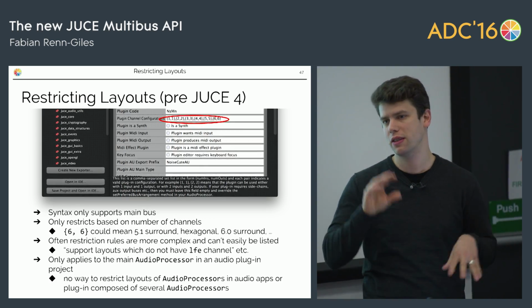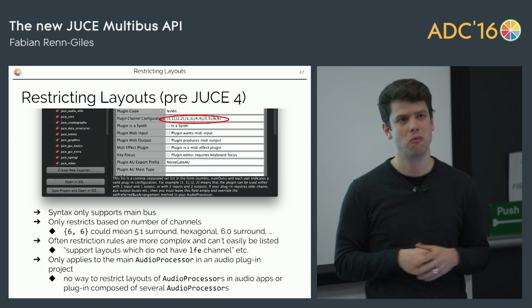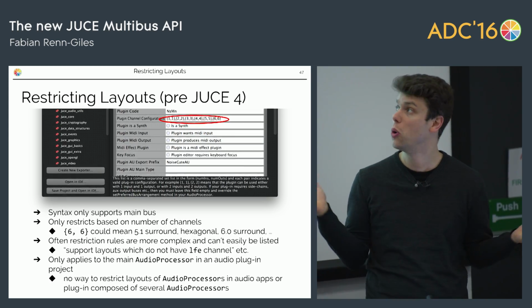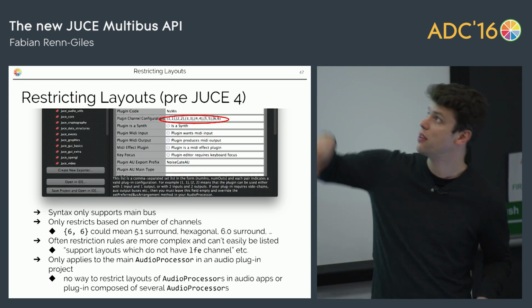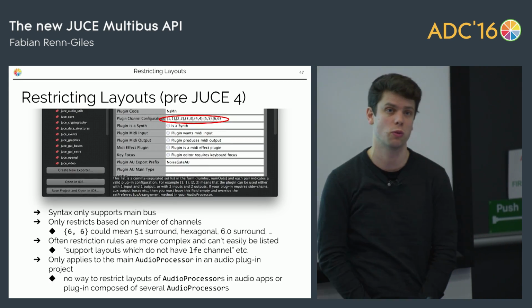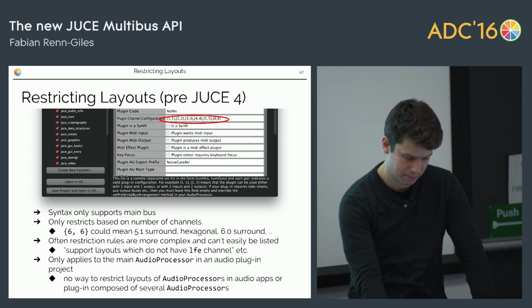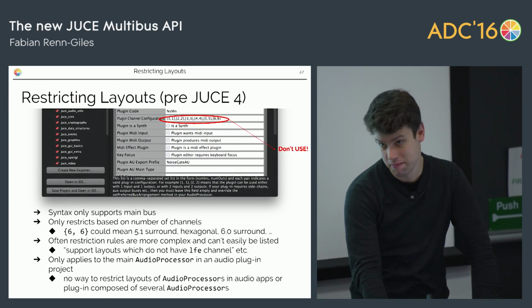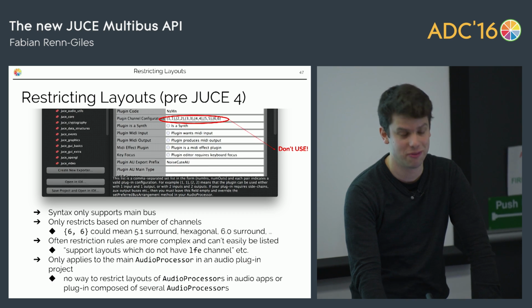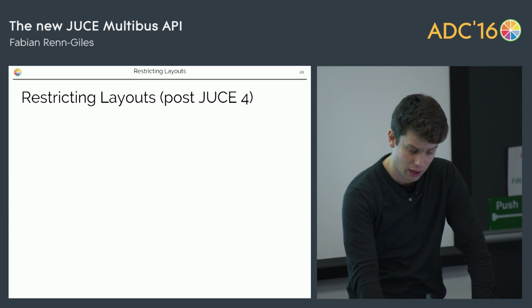How do I restrict the layouts of the sub-audio processors? There's no way to do that in JUCE currently. This applies to many of the other fields as well. That's why we slowly want to get rid of those fields. So, yeah, the short answer is try not to use this if you don't have to.